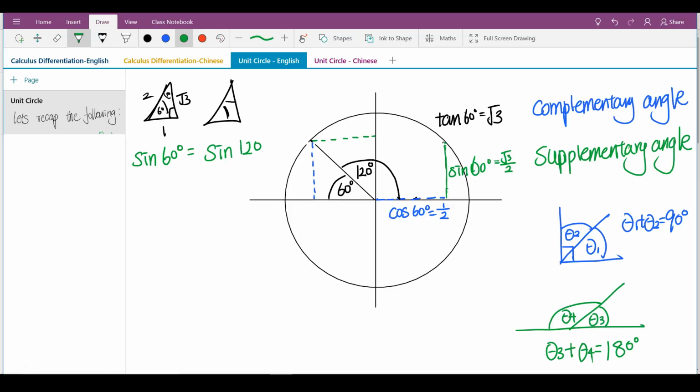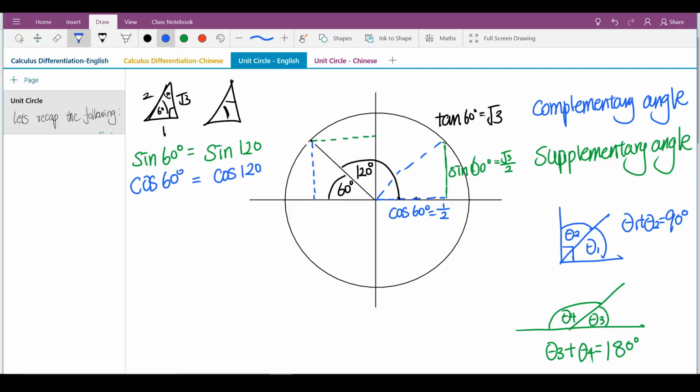But on the other hand, you can't say cos 60 is equal to cos 120, because in cos 60, which is somewhere over here, we will have an x value of half.